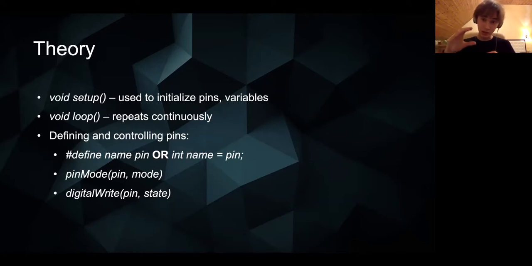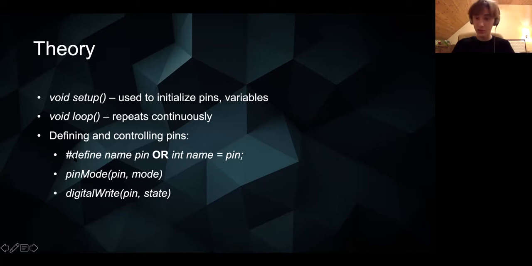Then under the void setup part, there is the void loop part. It is the code which repeats multiple times, and usually you want your sensory measurements to take place in that part, as well as other stuff. In addition, to define objects, you should define pins.